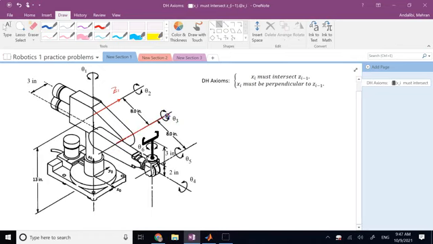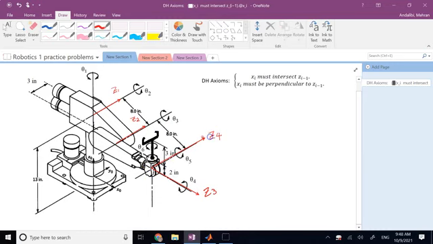Maybe a little bit longer, or we can make it short, doesn't matter. So Z3 is for theta 4, so it is going to be like this. Z4 is for theta 5, so it will be like this.